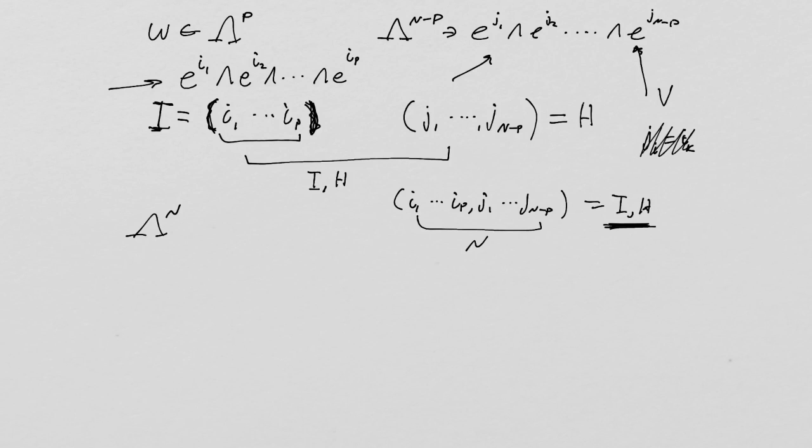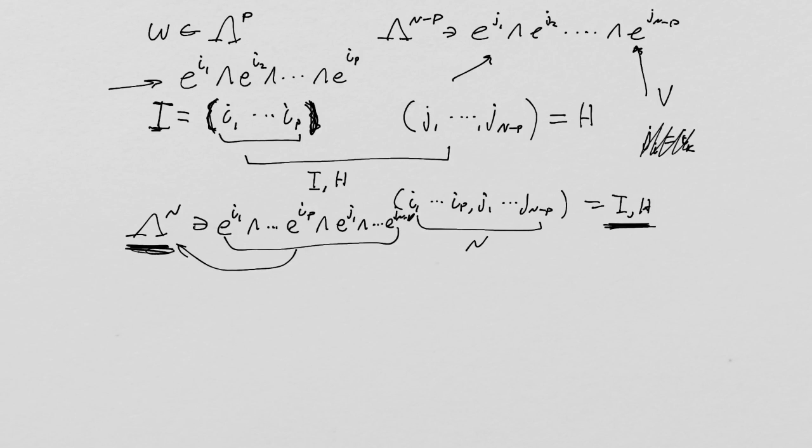And because of that, I can create an element of the nth exterior power by concatenating those two together. I can go E_I1 wedge E_IP wedge E_J1 wedge E_J_{n-p}, and this is an element of the nth exterior power.